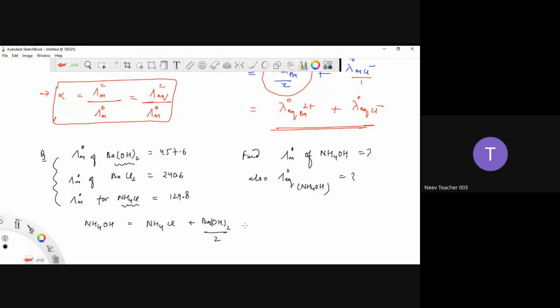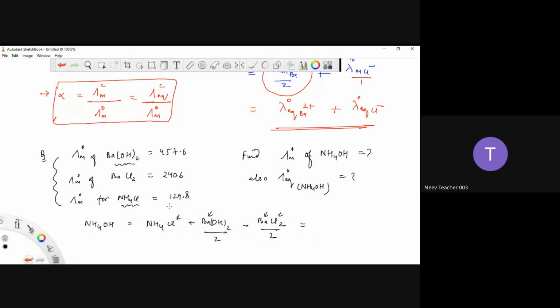Then you subtract BaCl2, also half of it, because only one Cl needs to be subtracted but there are two Cl. So half of Ba will automatically get subtracted from here. This is what you need.